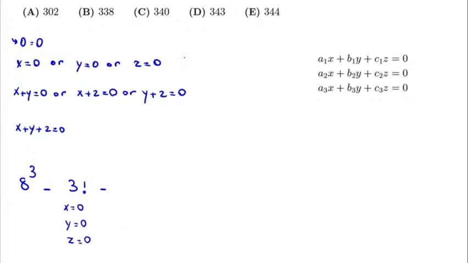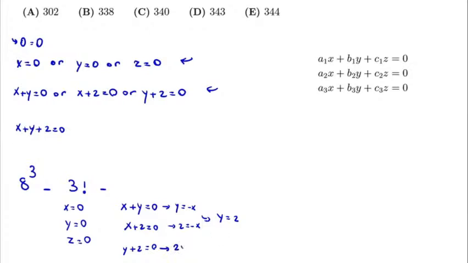Now, the next case. So we've selected 3 from one part. If we select 3 from this part, x plus y equals 0, x plus z equals 0, y plus z equals 0, again, it results only in 0, 0, 0. Why? Because here y is negative x, here z is negative x. So from these two parts, y equals z.